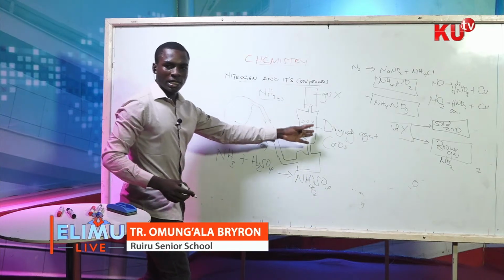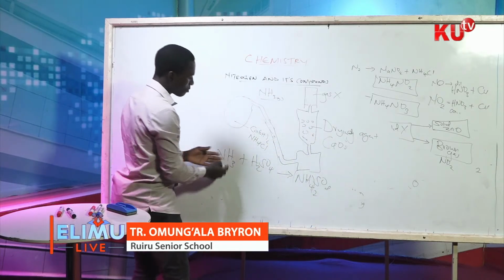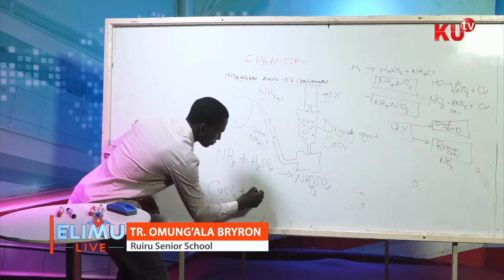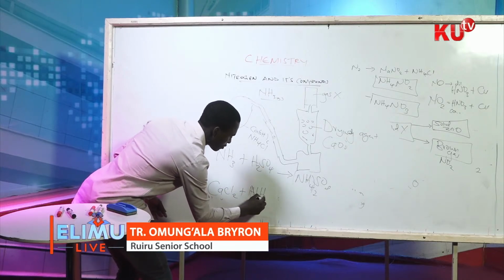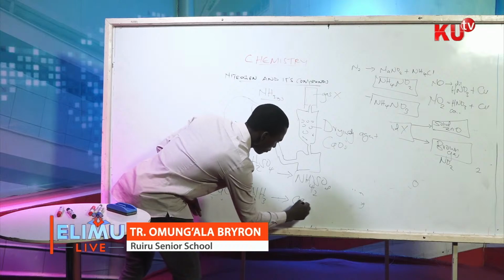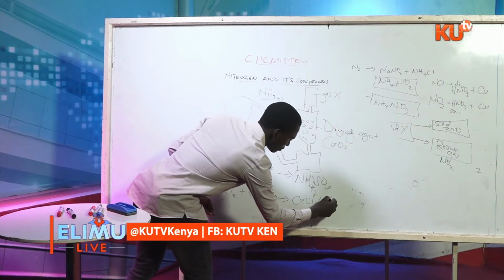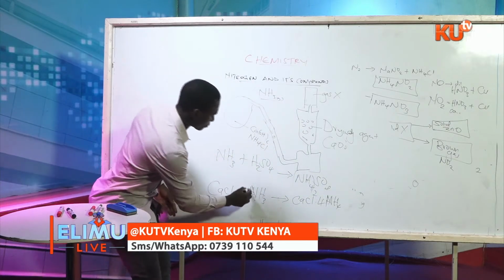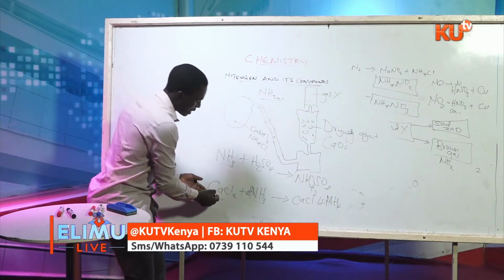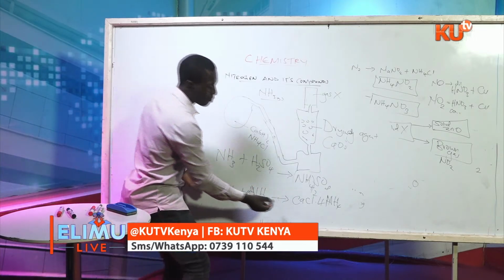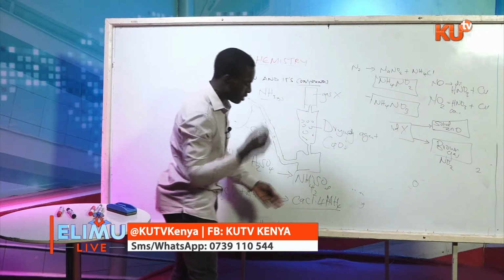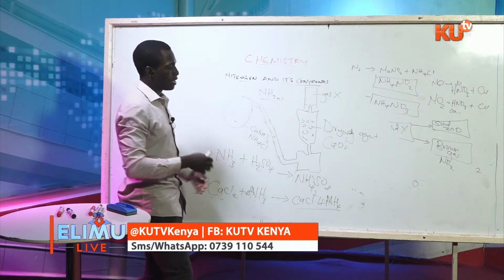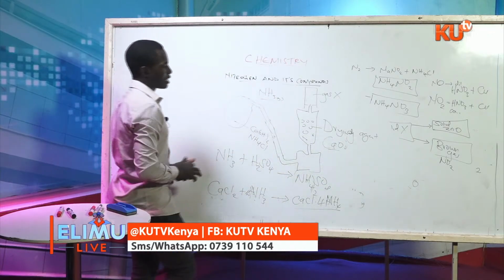And if you use anhydrous calcium chloride to dry ammonia, it will also form a complex compound, which is calcium chloride with ammonia. So we shall not obtain the ammonia gas that we intended to obtain. That's why the most preferred drying agent is calcium oxide.